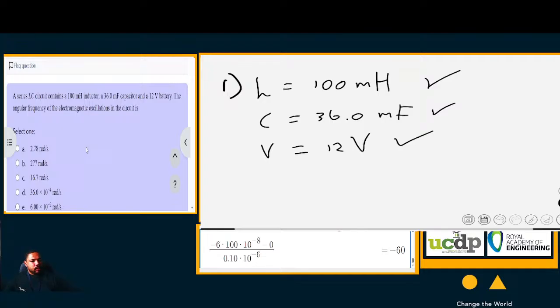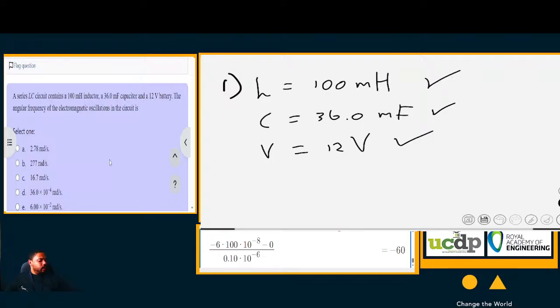So they're all connected in series, and we have the inductor, a capacitor, and a voltage that is being supplied. They want the frequency of the electromagnetic oscillations.